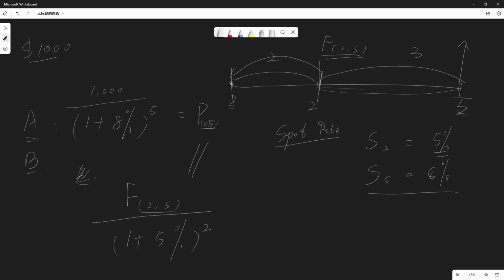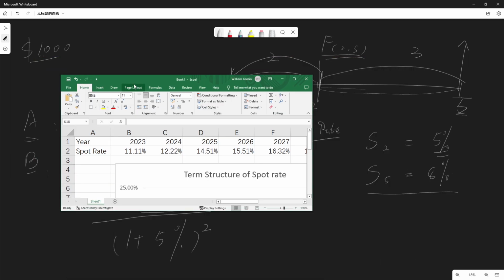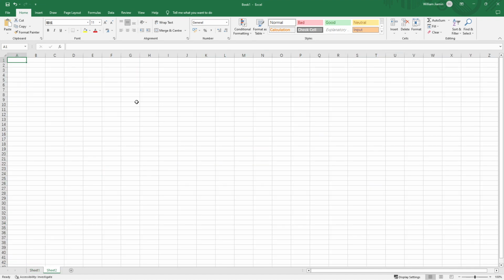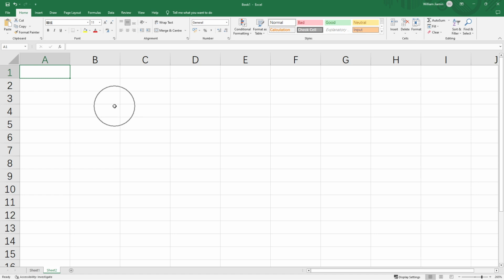If that makes sense, you can utilize the power of Excel to calculate that. Let me bring you the Excel. Previously I built a model, so let me give you a new sheet. You know the spot rates are 5% and 8%. Let me quickly run the financial modeling.